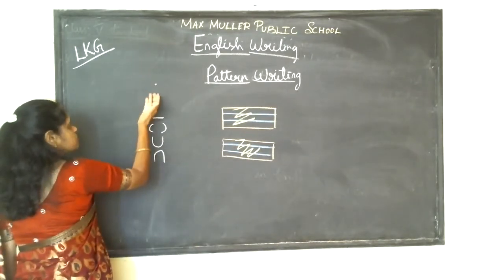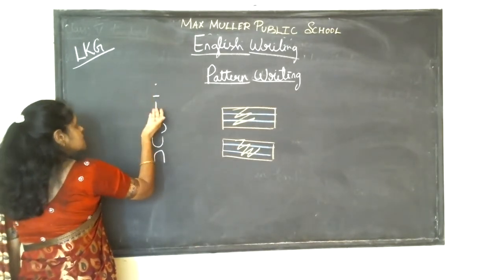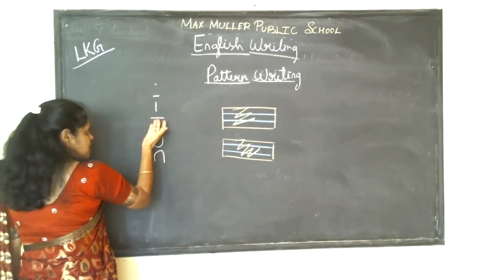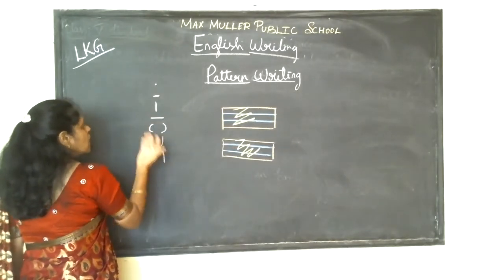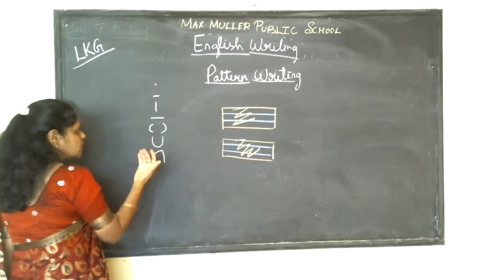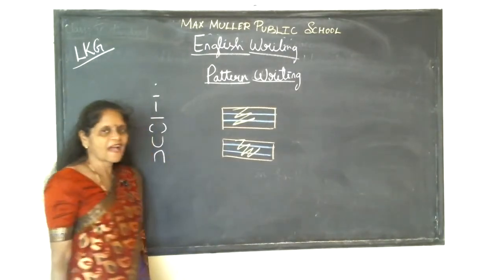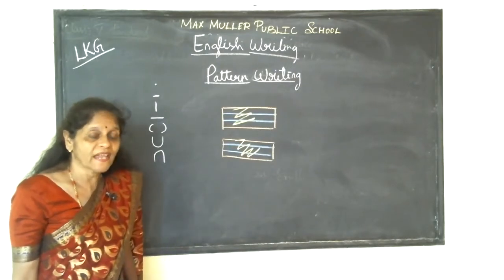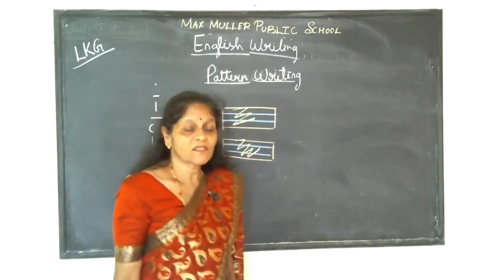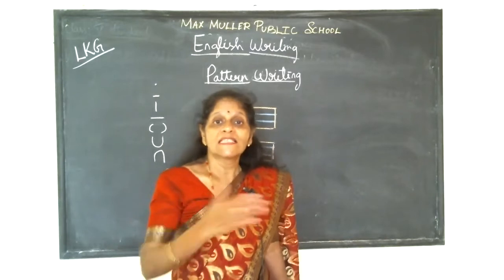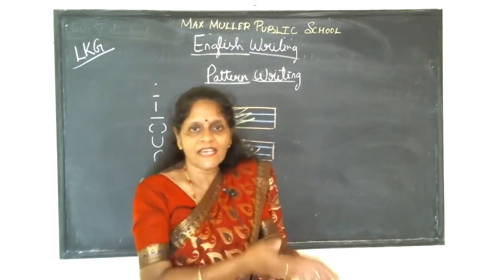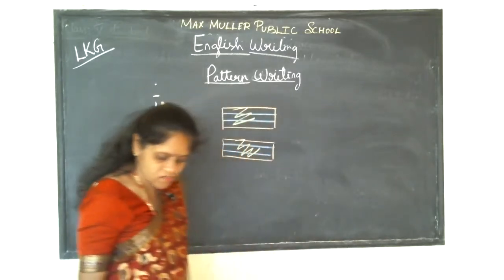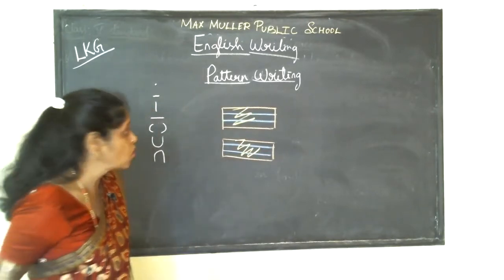Dot, dash, standing line, sleeping line, curves, up curve, down curve, zigzag. Okay, children, so today you learned, what did you learn today? Open your mouth and say, what did you learn today? Zigzag. Okay, the next you're going to learn English oral.